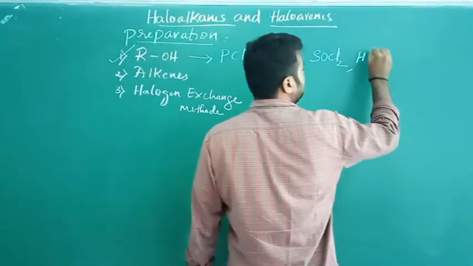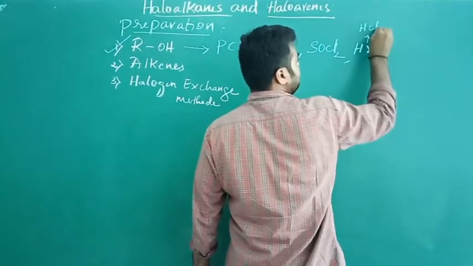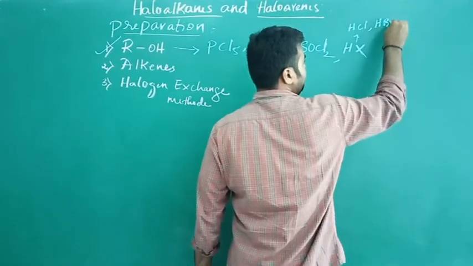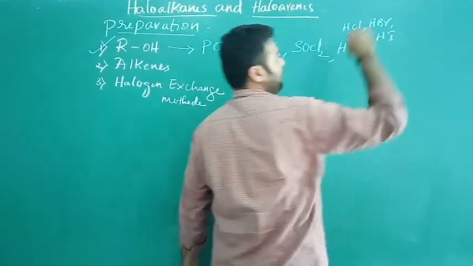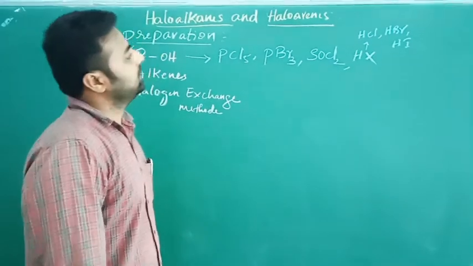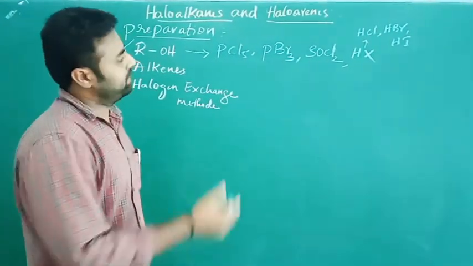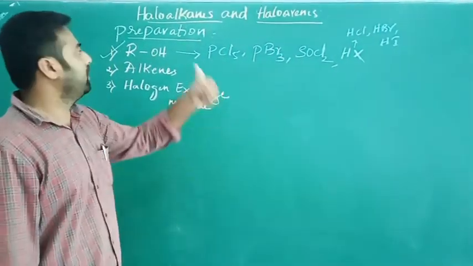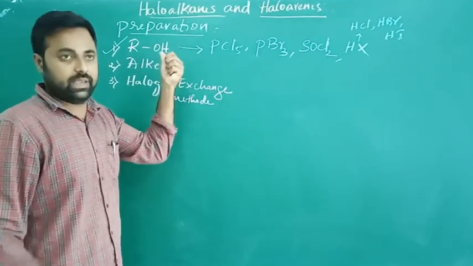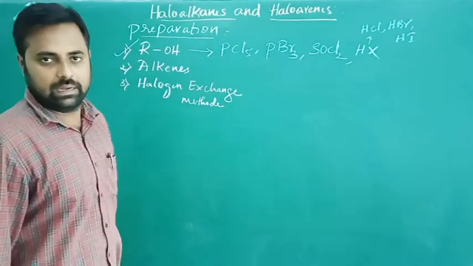Haloacids means it may be HCl or HBr or HI, hydrogen iodide. By using these reagents, in addition to these alcohols, we can prepare the haloalkanes.